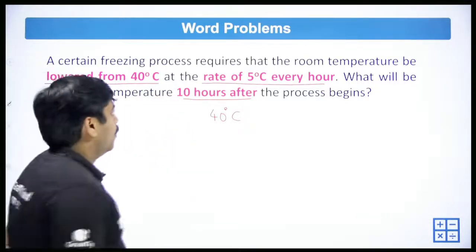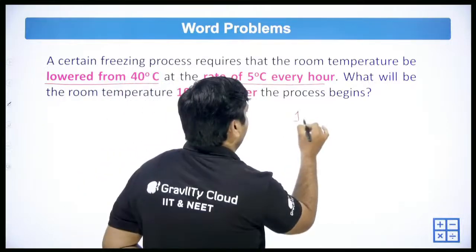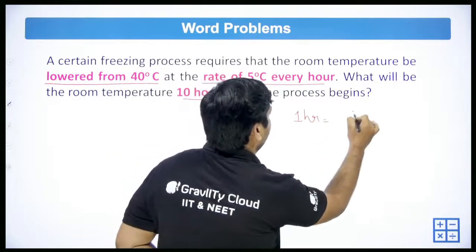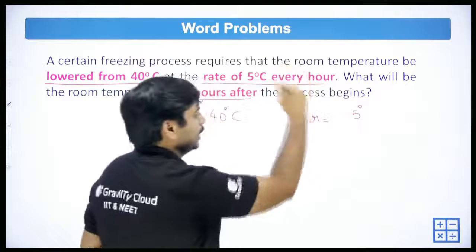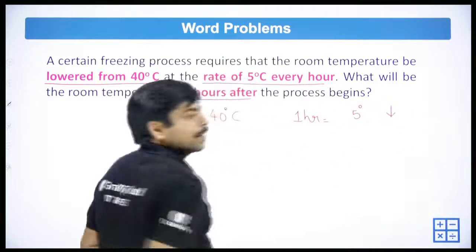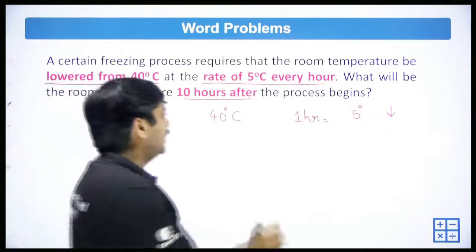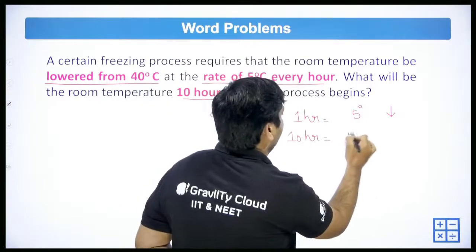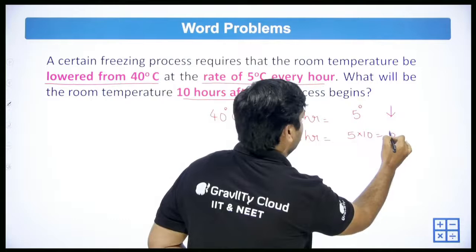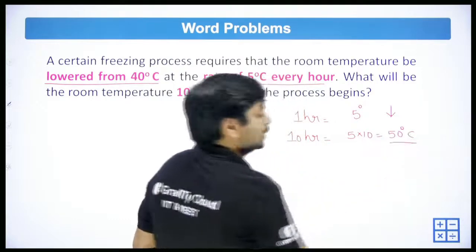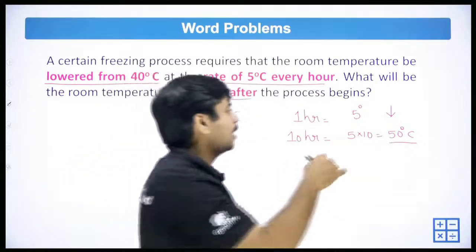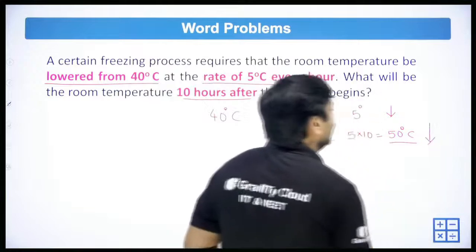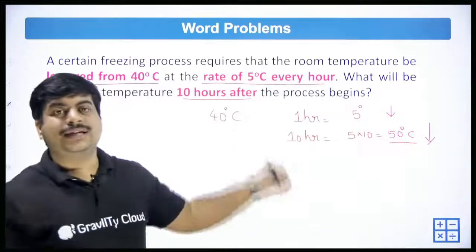For 1 hour, it is reducing by 5 degrees. So for 10 hours, it will reduce by 5 into 10, 50 degrees. It will reduce by 50 degrees, correct? From the initial point, it has reduced 50 degrees Celsius.